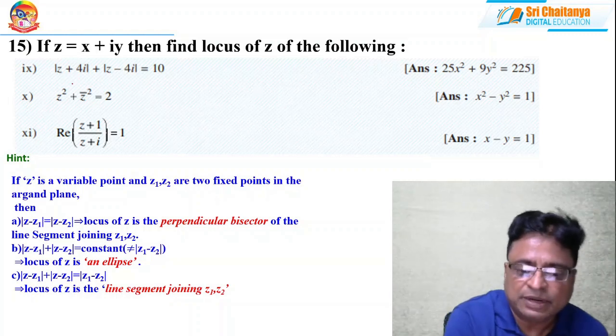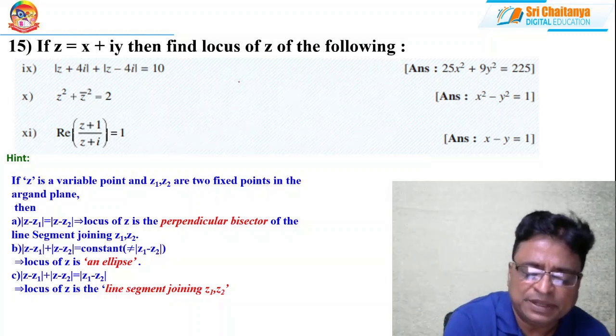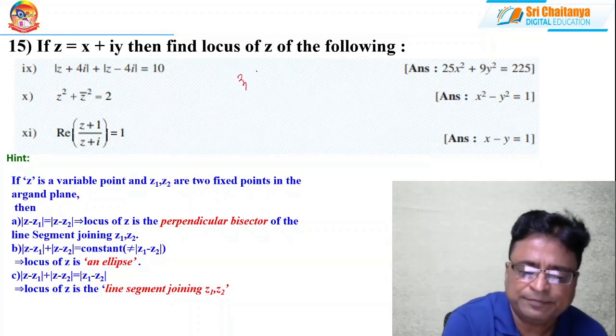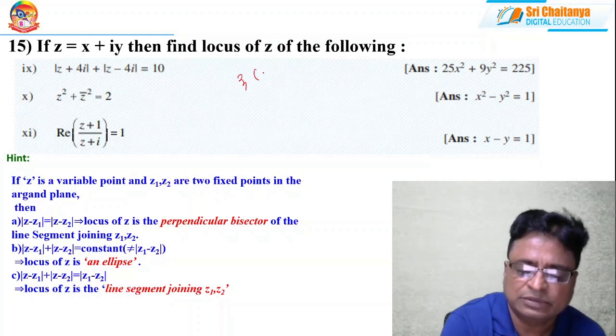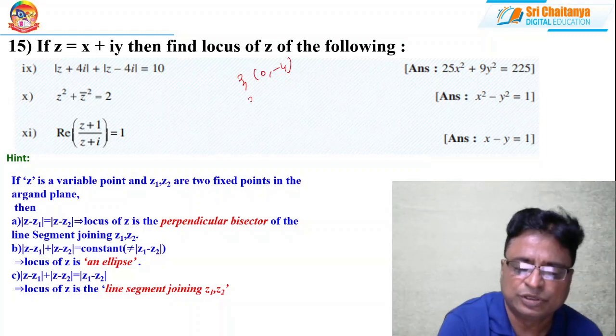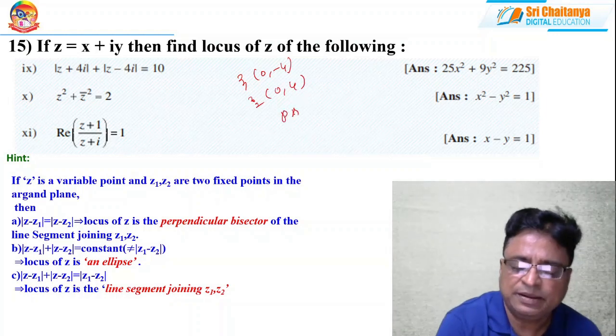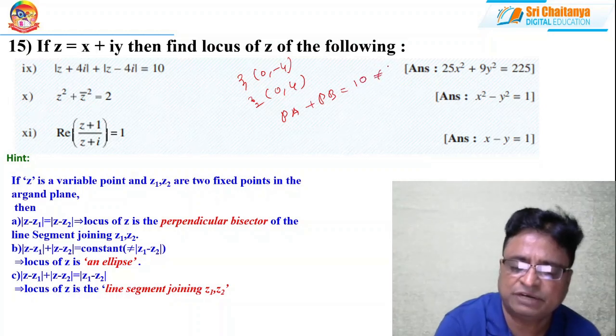Here it indicates z1 is equal to 4i, that is (0, 4), and z2 is minus 4i, that is (0, minus 4). So PA plus PB is equal to 10, where 10 is not equal to mod z1 minus z2.